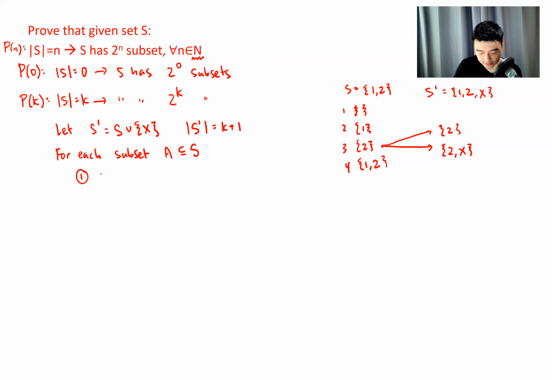Number one is that A itself is a subset of S prime. I hope you can see that. If it's a subset of S, surely it's a subset of S prime. Secondly, A along with this new object X is also a subset of S prime.